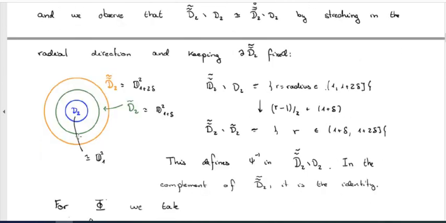And now once I've done this, what is the claim? Well, you can readily observe that d2 tilde tilde minus d2, the big annulus, is homeomorphic to the smaller annulus, and they're homeomorphic by a homeomorphism that in fact fixes the boundary of d2 tilde tilde.